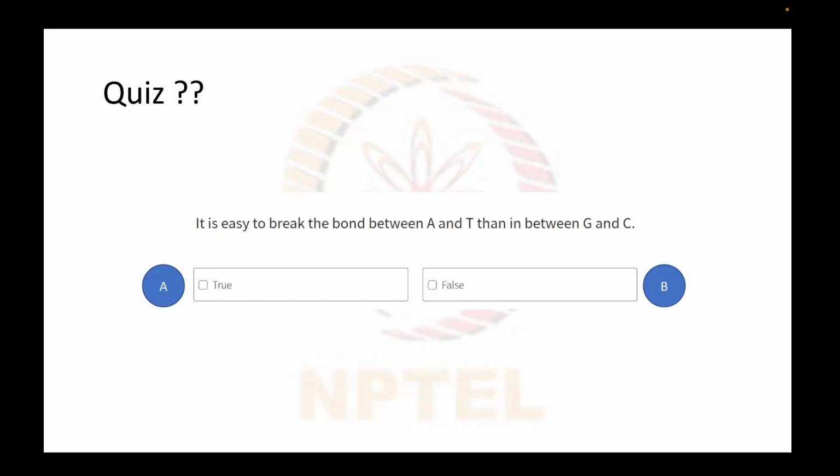So now I have a true or false based question. Is it easier to break the bond between A and T than between G and C?